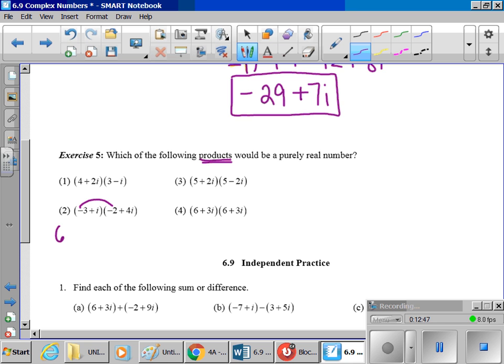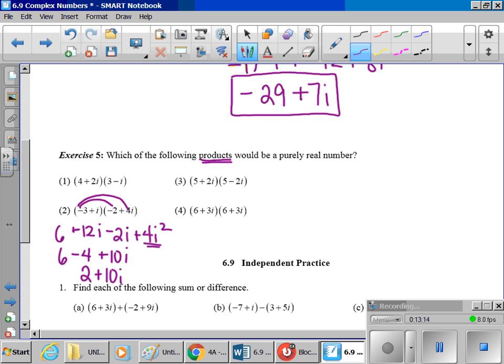So this is positive 6 minus 12i minus 2i plus 4i squared. So this becomes 6 minus 4, because of that i squared, plus 10i. So this becomes 2 plus 10i. So this is complex, and that isn't going to be my answer.